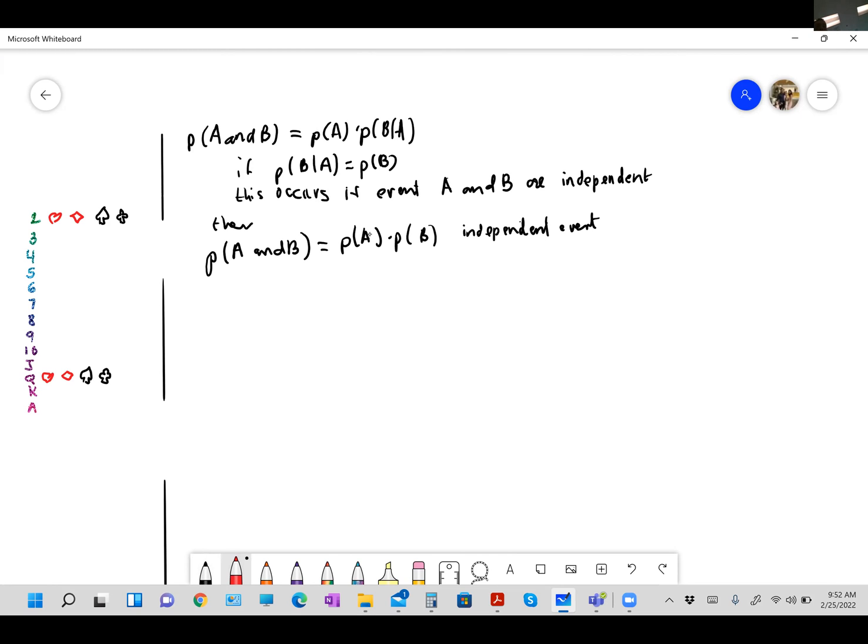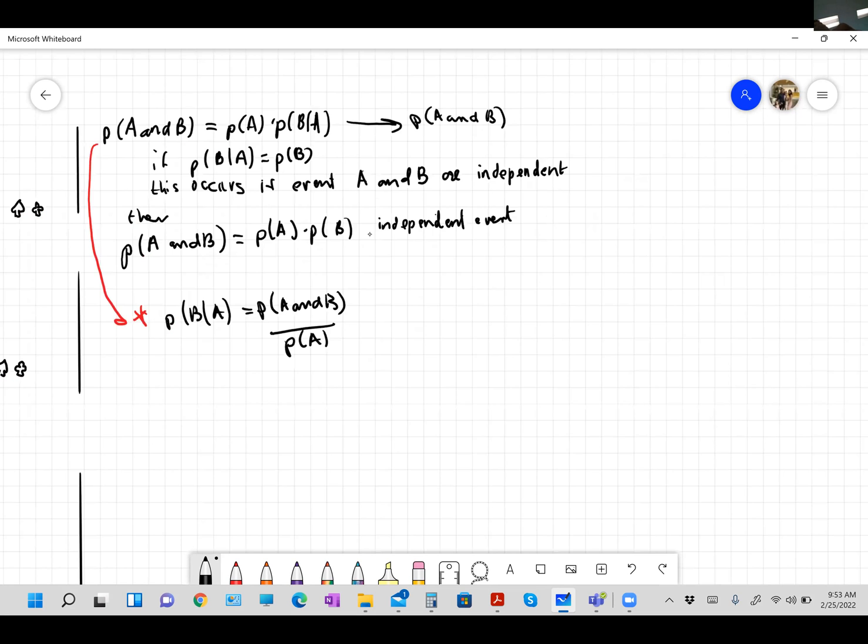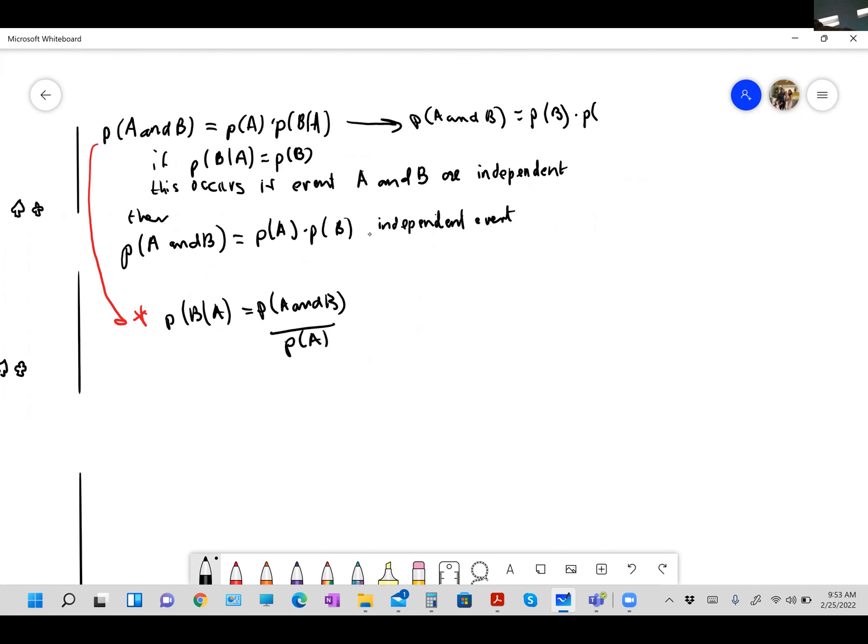Now, remember, you can rearrange this and say that the probability of B given A equals the probability of A and B divided by the probability of A. Now, another thing you could do, and remember that the probability of A and B is equal to the probability of B times the probability of A given B. That's also true.